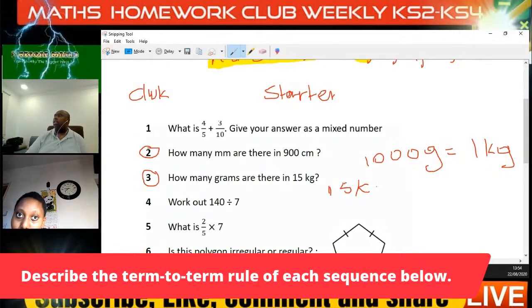What do I need to do? If 1 kilogram equals 1,000 grams, how many would 15 equal? Would it equal 15 times 1,000?